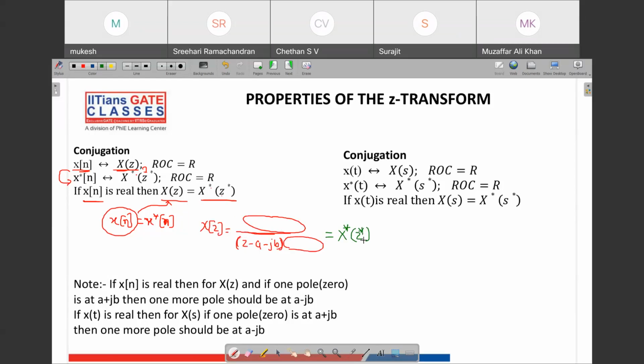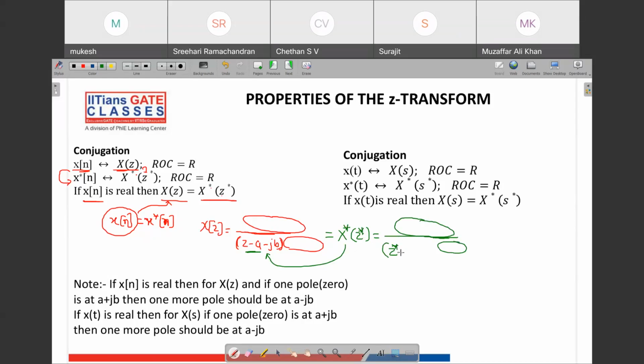What it means is that if you take this X of z and take both the z conjugate and the complete conjugate, this is how it is going to look. In the numerator you'll do those operations, in the denominator also, but I will be focusing on this term. So it will be z conjugate.